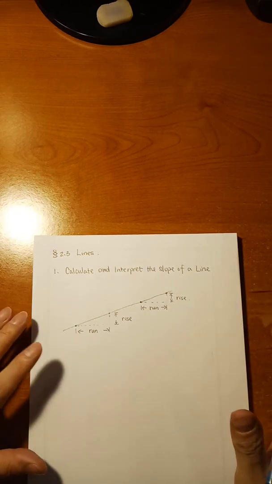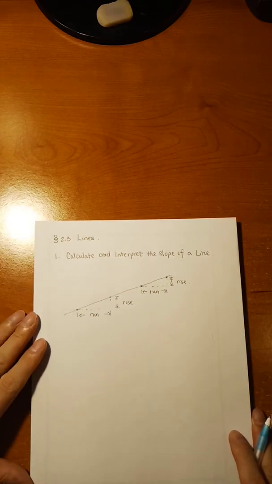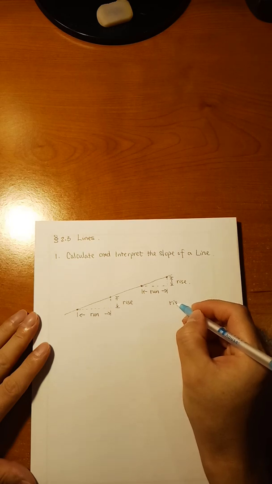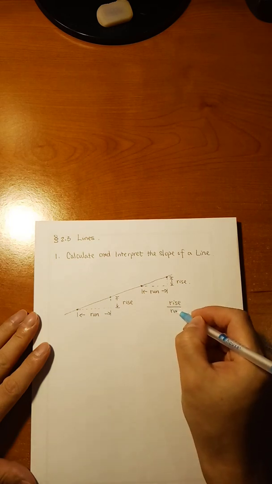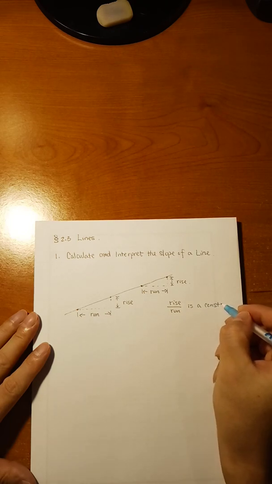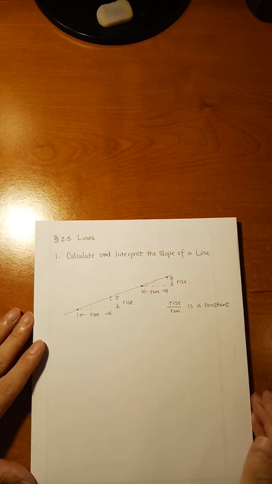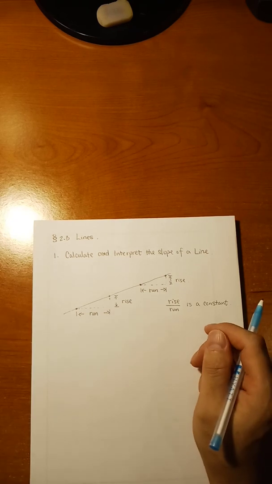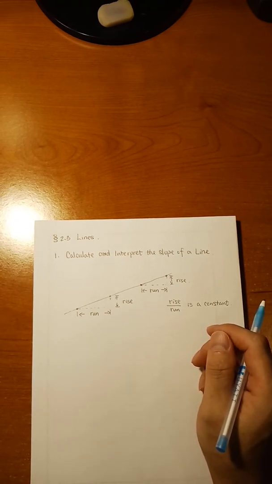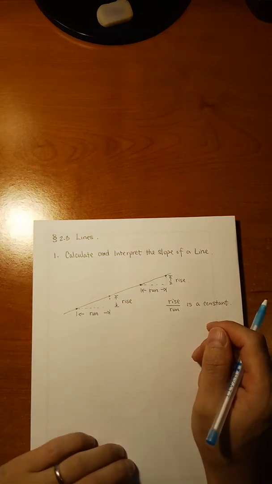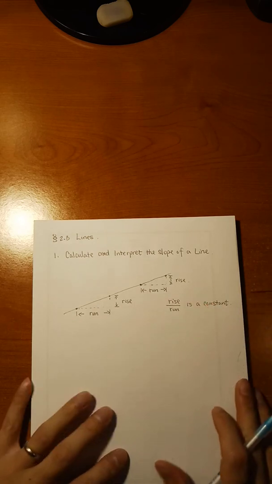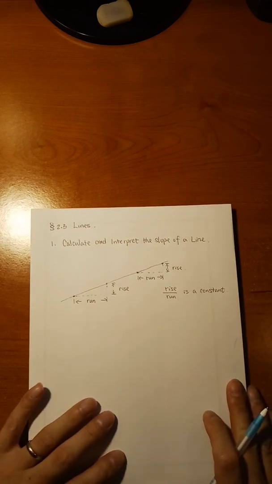They may not be the same, but there is a special property between rise and run: the rise over run ratio is a constant. This is what mathematicians found through practice, and this constant is totally determined by this line. So we call this constant the slope.